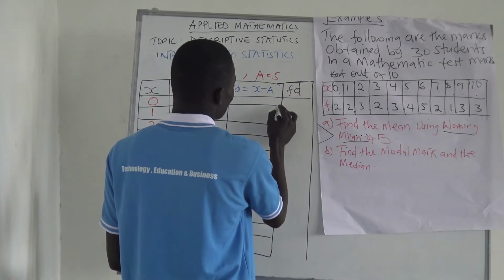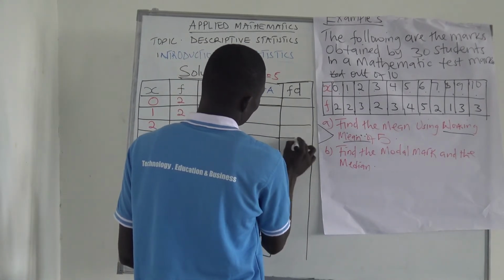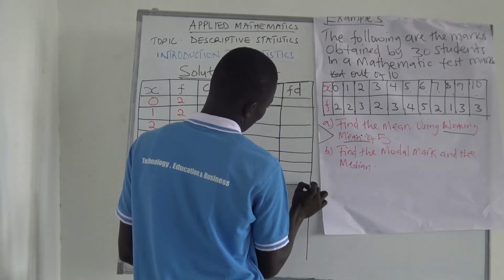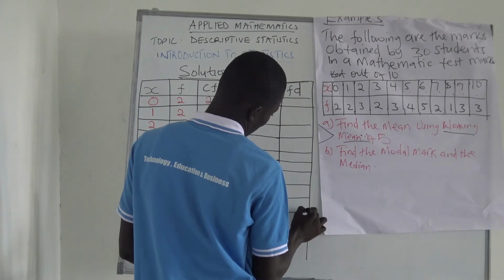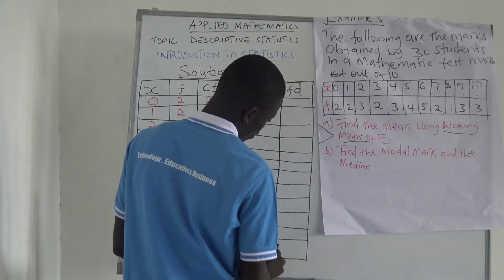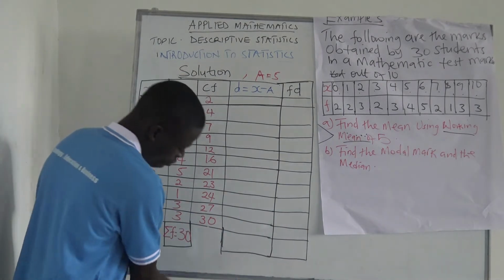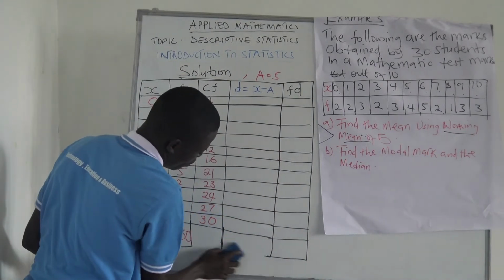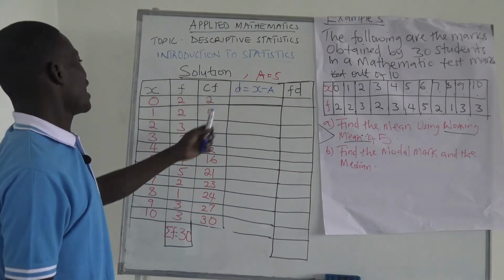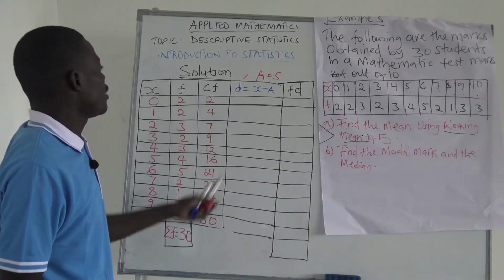This is the only column which is missing. So we say D is given by X minus A, but A is 5, so we shall subtract 5 from the value of X.